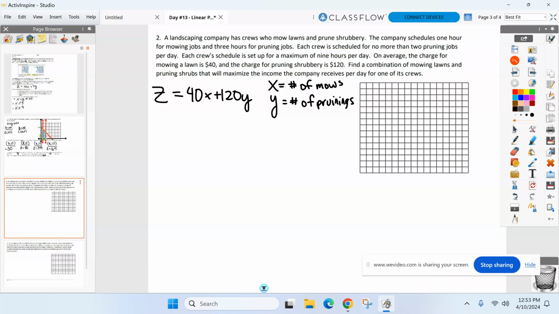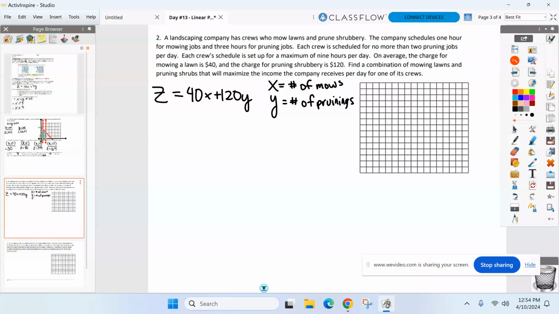Now ready for our restrictions, which are our inequalities for this one. You can't do more than 2 prune jobs a day.